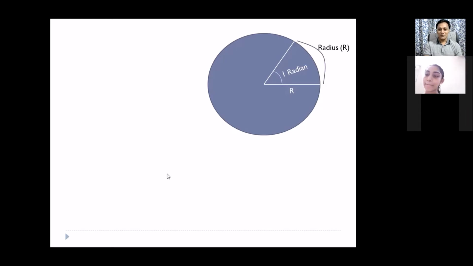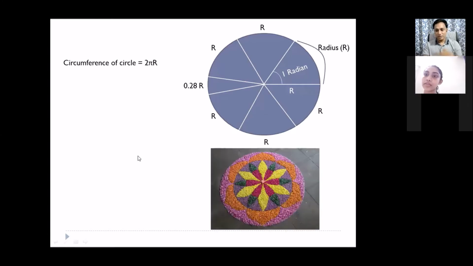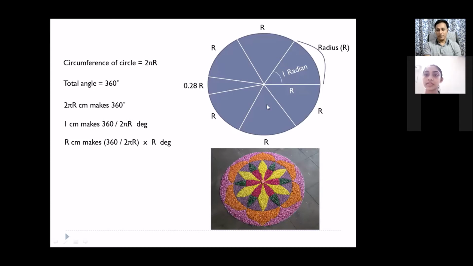Okay. So first I just told what it means. That's the only thing I told yesterday. We made this diagram and we said one radian is the angle made by an arc length of one radius. We calculated the value of it. We calculate it is 360 by 2 pi. Why 360 by 2 pi?